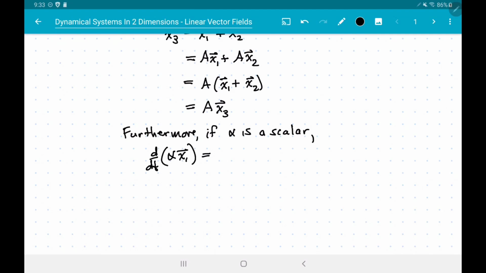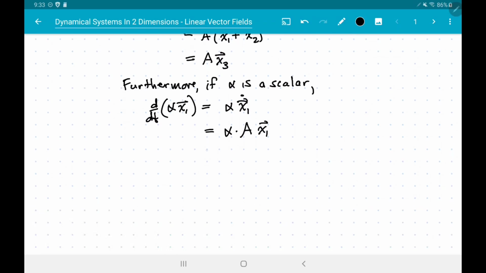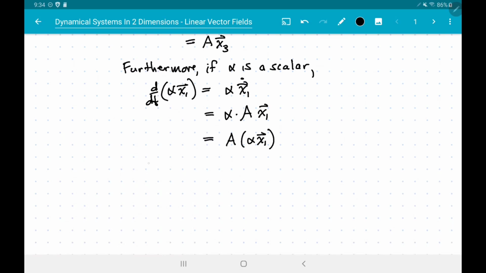Alpha x1, the derivative of that with respect to t, well, I can take the scalar alpha out and get alpha times x1 dot, which is alpha times A x1, because x1 is a solution, and then I can push the scalar through. So then I'll call x4 equal to alpha x1 is also a solution.